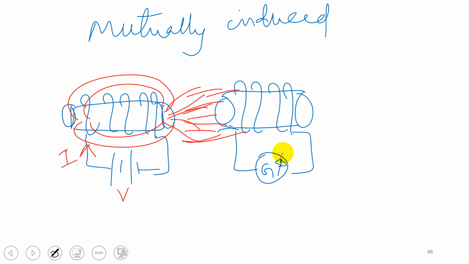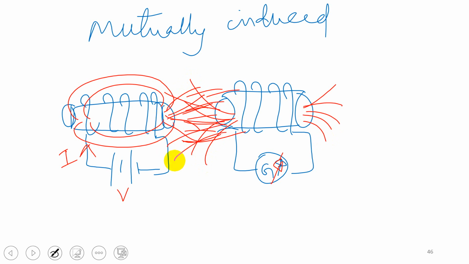EMF means voltage, so once EMF is induced in the coil, current flows and the galvanometer shows a deflection. The deflection in the galvanometer indicates that an EMF is induced, which is why current is flowing. Because of that induced EMF and current, flux is produced, which also starts linking the first coil, so it is mutual.